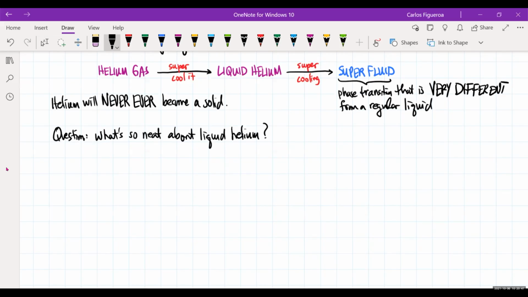Remember, when I say liquid helium, I really mean helium-3, liquid helium-3. So here we go. So what we'll do here is the following. The first thing that we want to do is, maybe I have a silly question, right? A silly question.